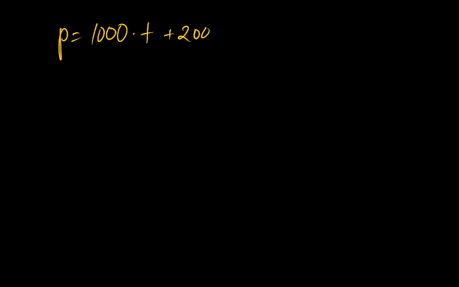Okay. So this is the equation, and there are a number of things that we want to pay attention to with an equation like this one. Step one, we want to look at the units of all the different things that we're looking at.